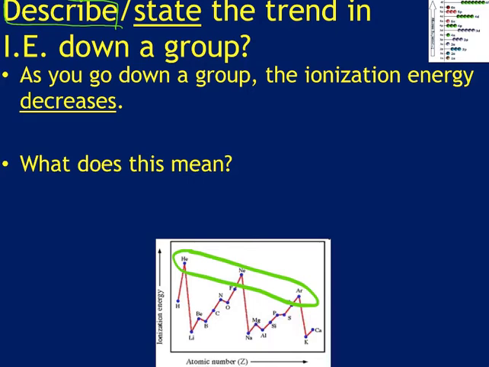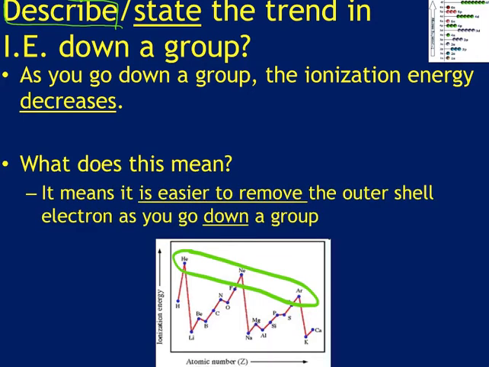And what this means, just in regular person speak, is it's easier to remove that outer shell electron as you go down a group. So this will be the state or explain that you're going to need, and this is just putting it into normal person speak for you. So if your ionization energy is decreasing, it's easier to remove the outer shell electron.